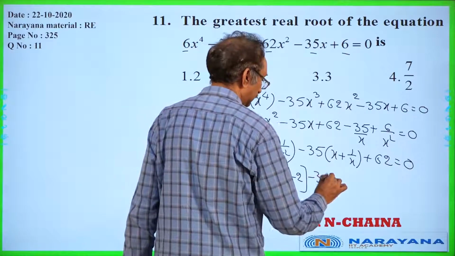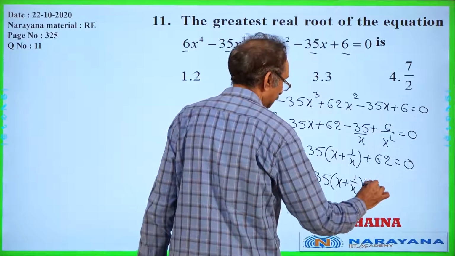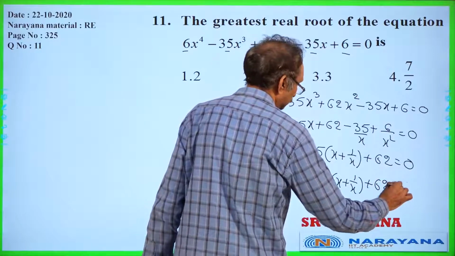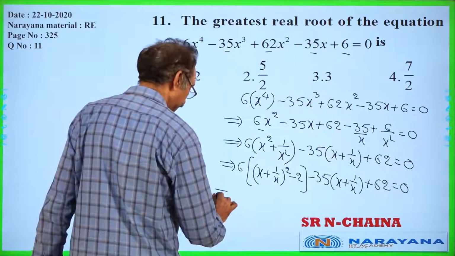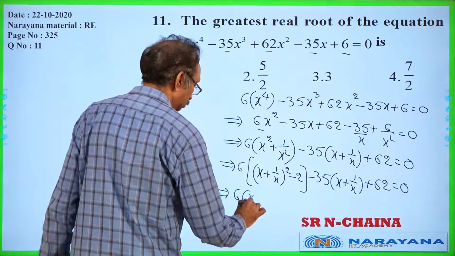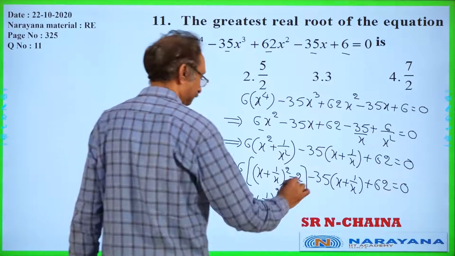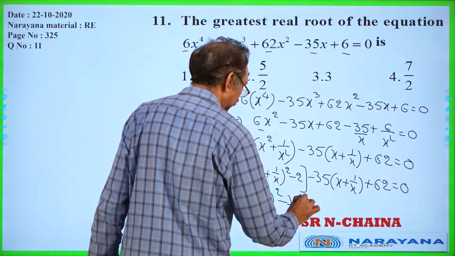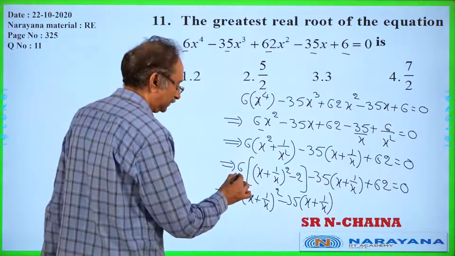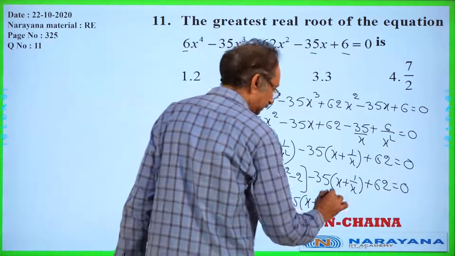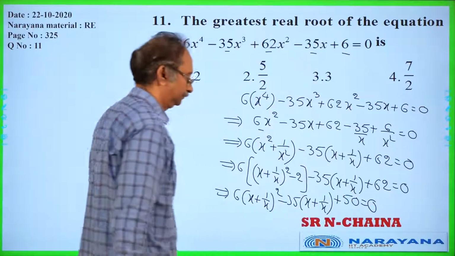So minus 35 into x plus 1 by x plus 62 is equal to 0. So this becomes 6 into x plus 1 by x whole square minus 35 into x plus 1 by x. This is minus 12, this is plus 62, that is plus 50, is equal to 0.